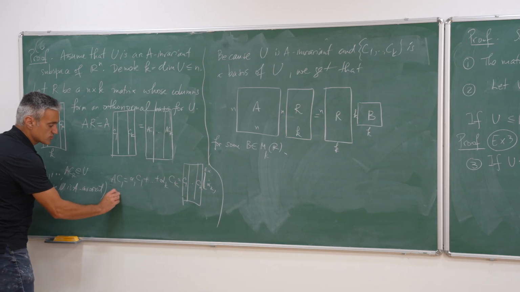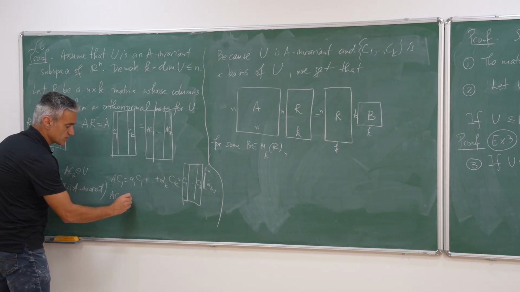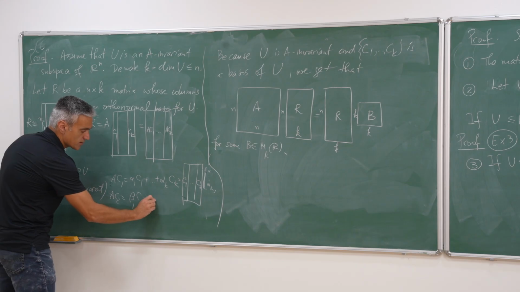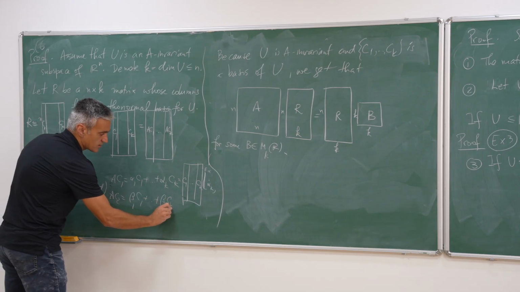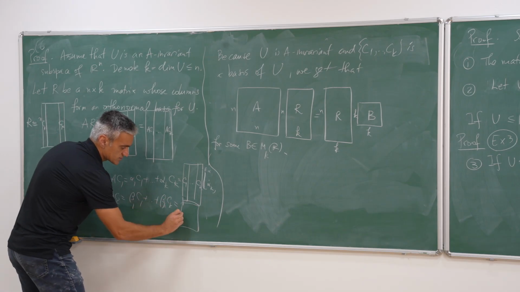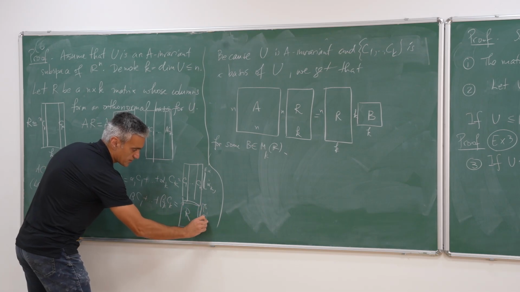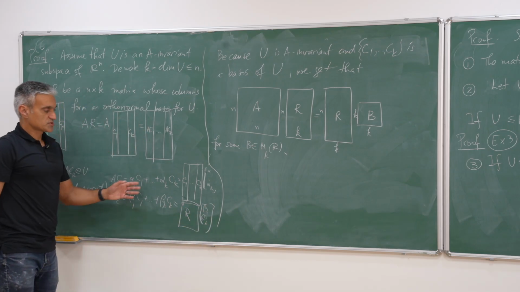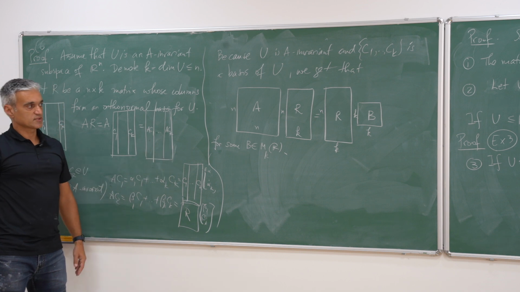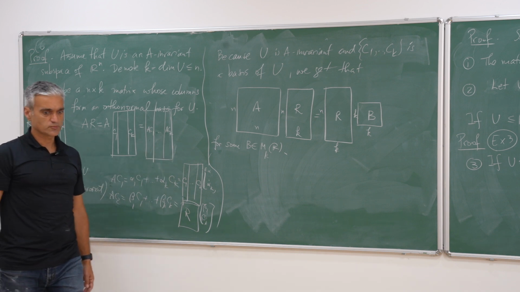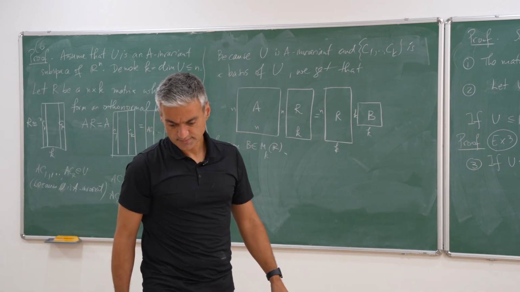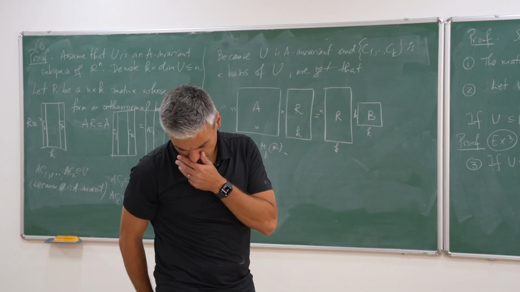If you do AC2, it's going to be beta 1 C1 plus ... plus beta k Ck, which is again R times beta 1, ..., beta k. So you put these vectors of coefficients together and you get that. Okay?